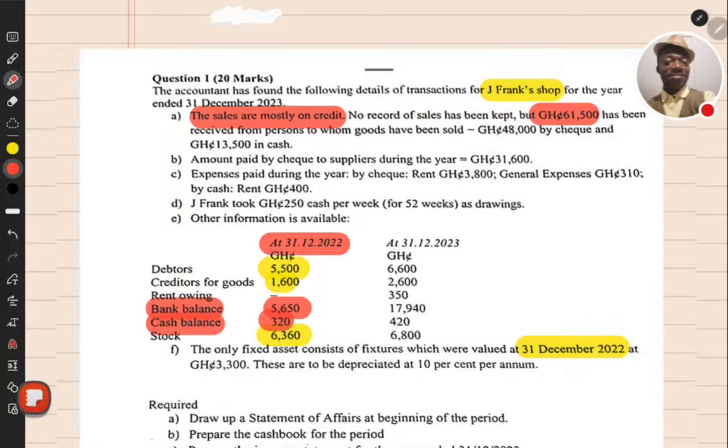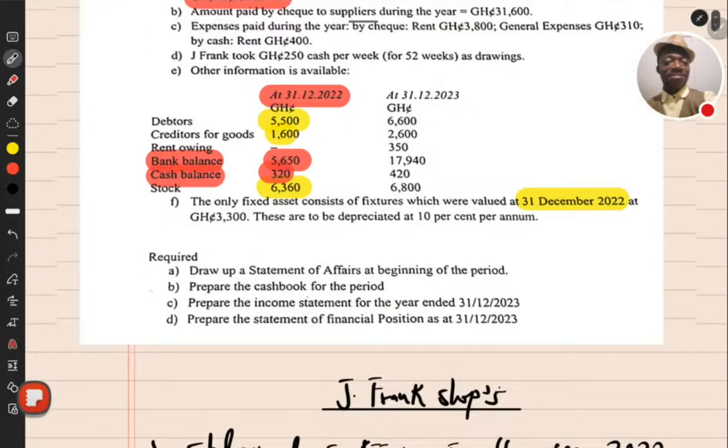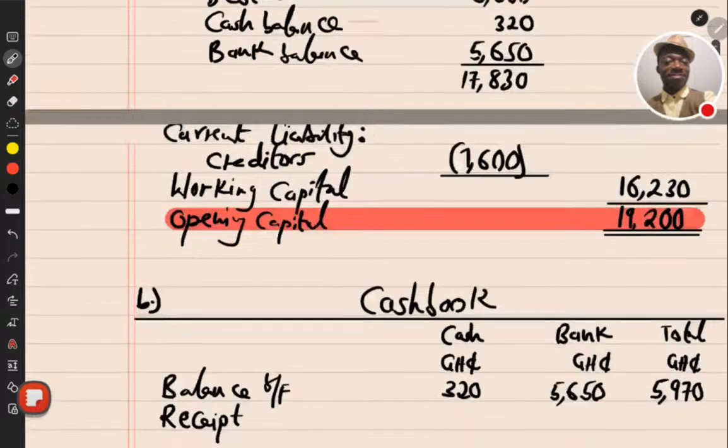Let's see what they are saying here. Within this 61,500, 48,000 is by check, and then 13,500 is in the form of cash. So that is the division we have here. Let's see how we record that as a receipt.